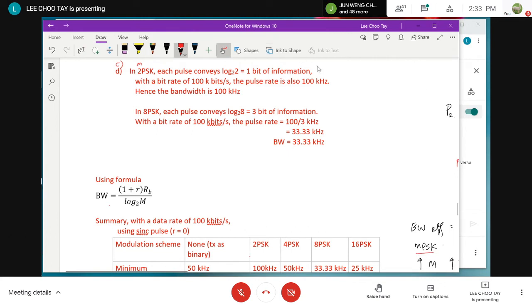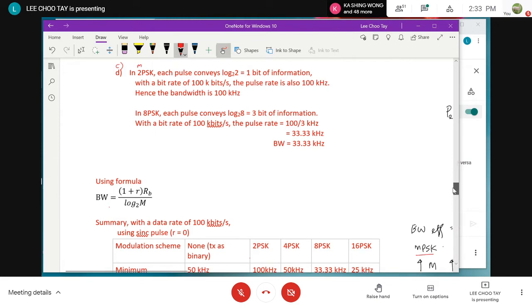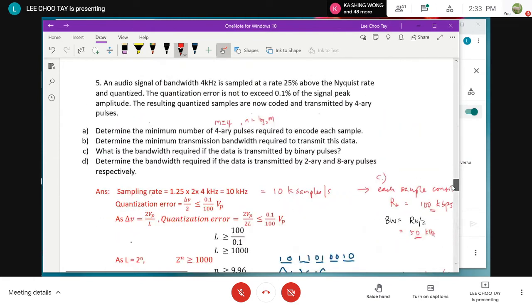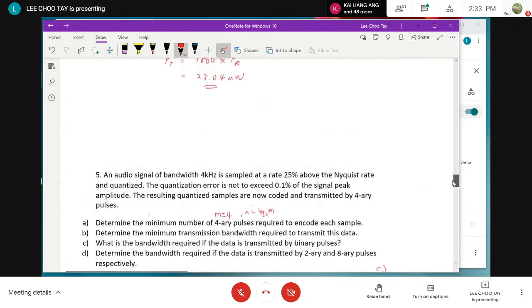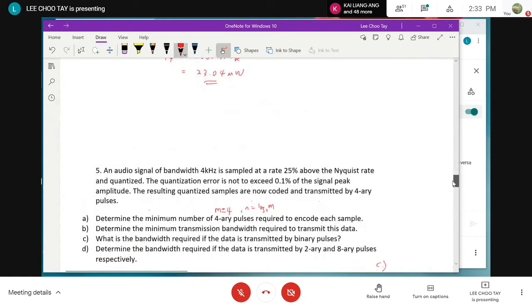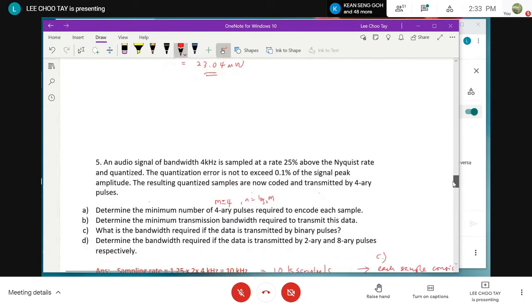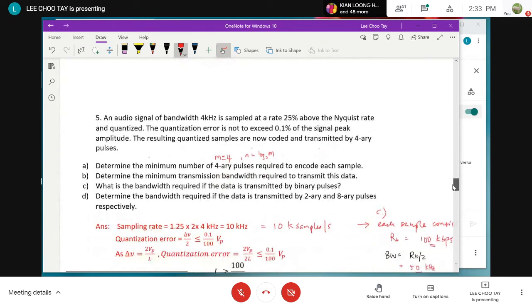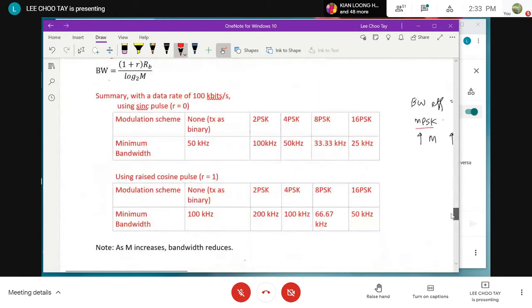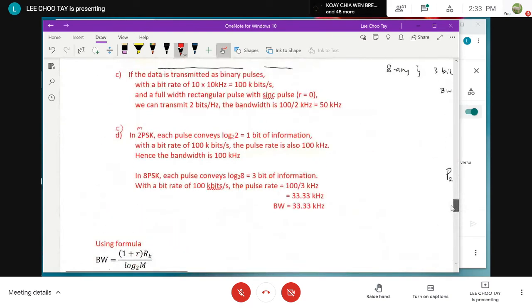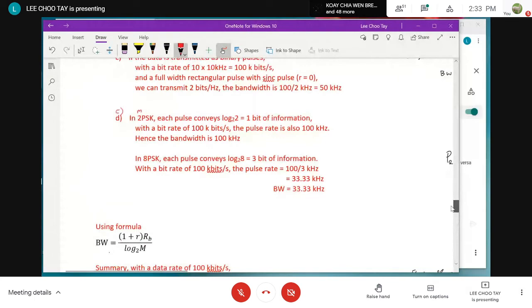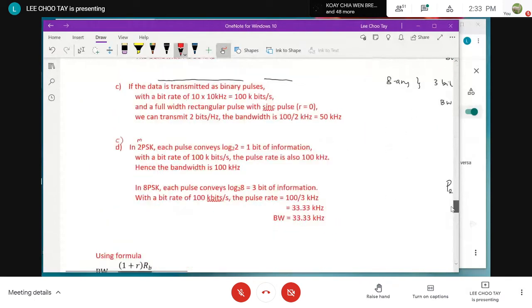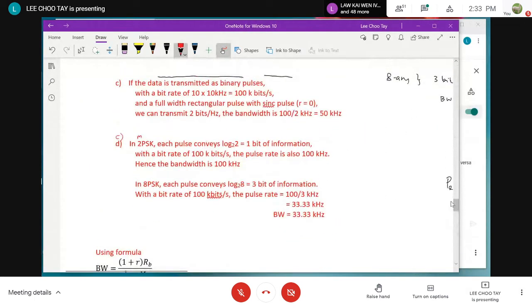So what do we need for our bandwidth required? Now we have 10K, 10,000 samples per second, and each sample is, wait, where am I?